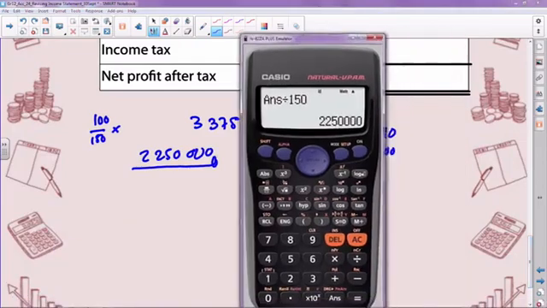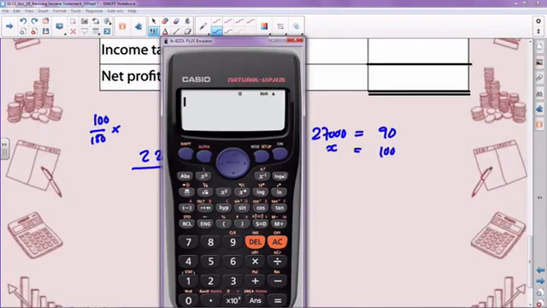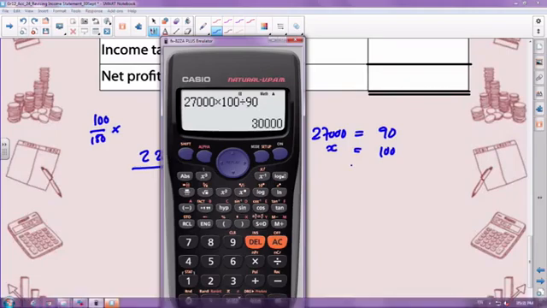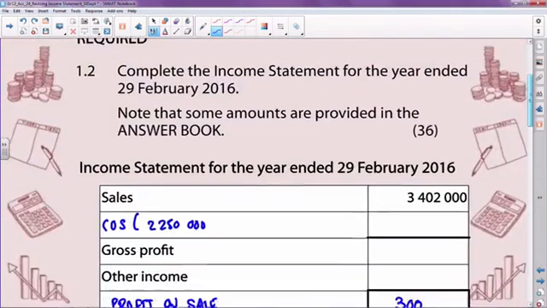So we've got 27,000 times 100 divided by 90, and that will be equal to 30,000.